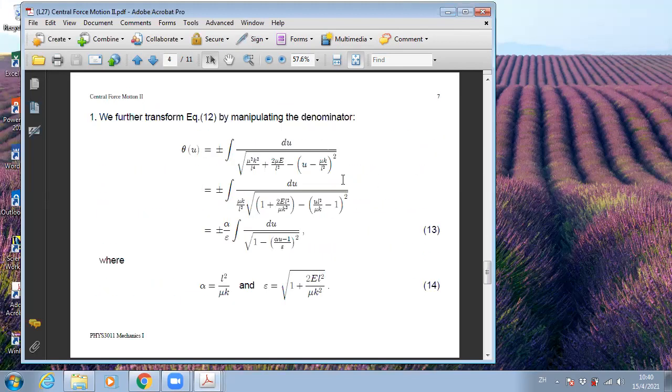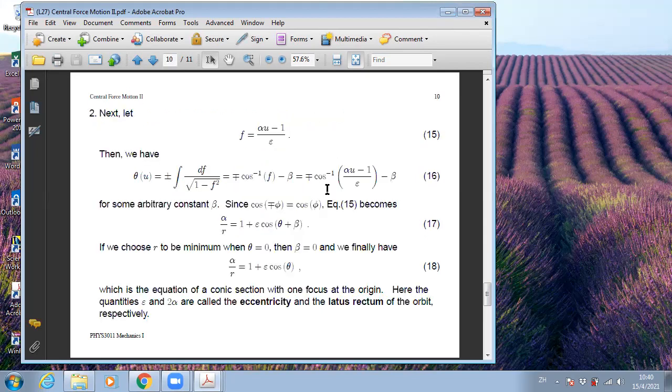So here we try to perform the integration. Basically, we need to make a few changes of variables, and finally, this integral can be recognized as a doable integral, and the answer is the arc cosine, right?